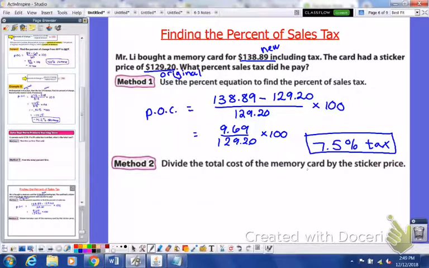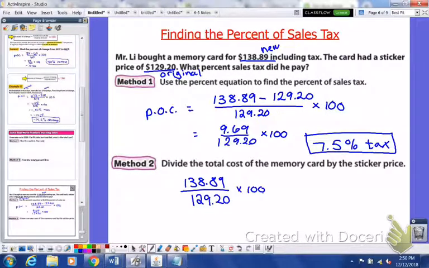Use your percent change. Our method 2, you can divide the total cost of the memory card, which was 138.89, by the sticker price, that's your original price, so by 129.2. So we can divide new over old, and we want to take that times 100, because again we're talking about percentages.